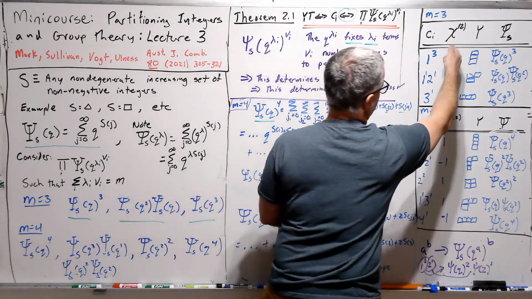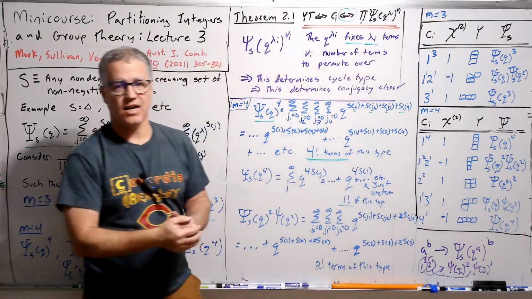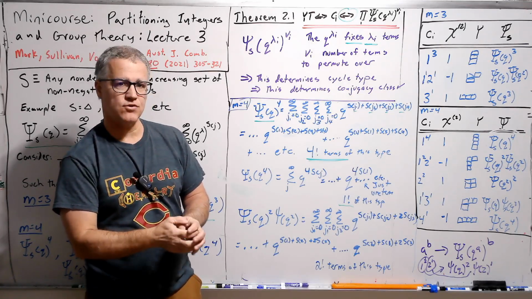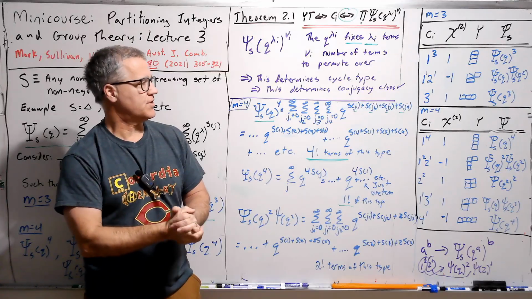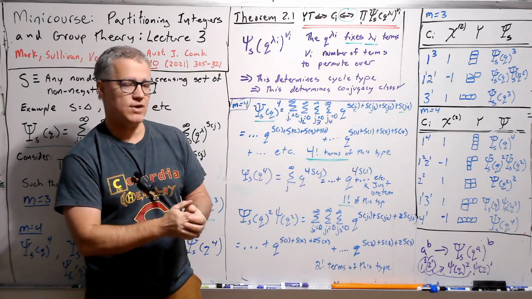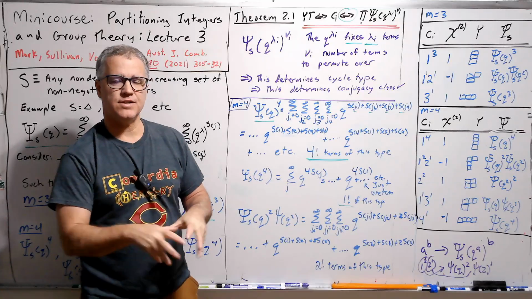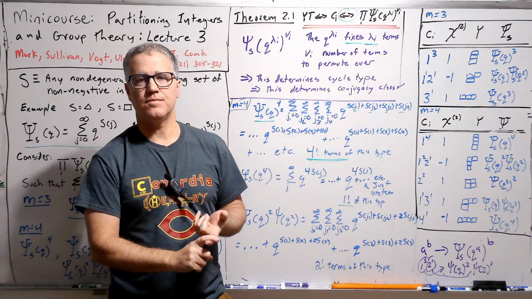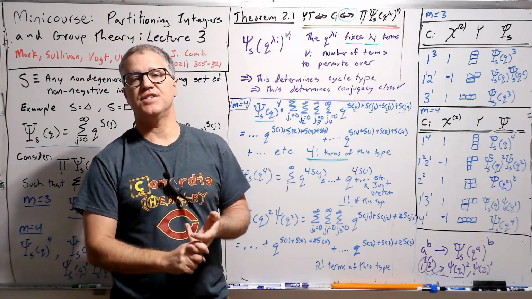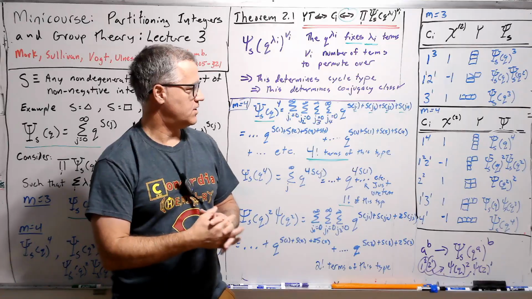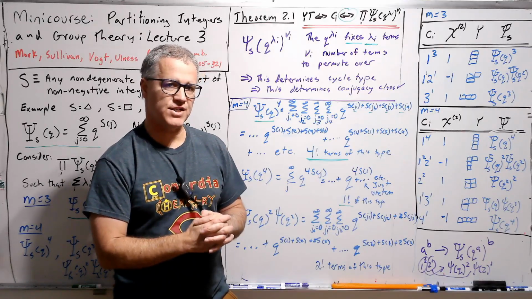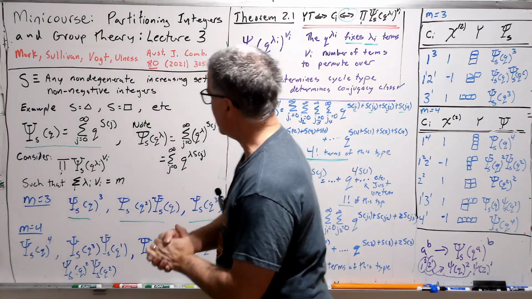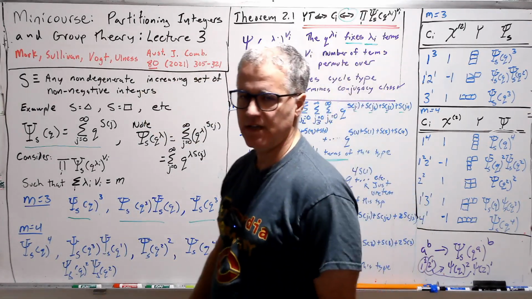Namely, we're going to be able to use the characters for the trivial irrep and the signed irrep to give us the formula for the partitions and the distinct partitions of numbers into these sets. All right, so that's it for now, and we'll come back and look at the main theorem next time.